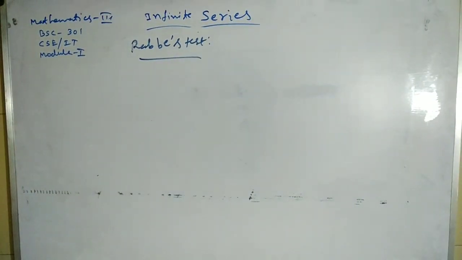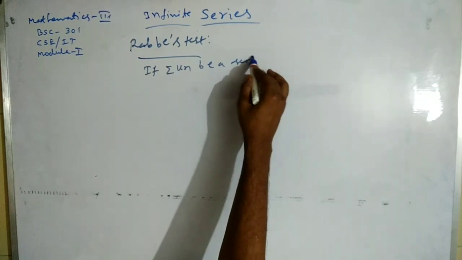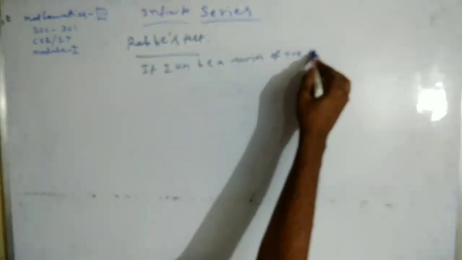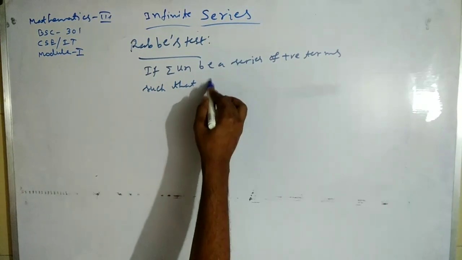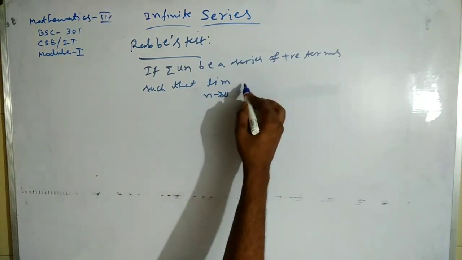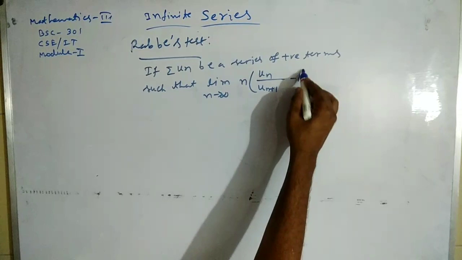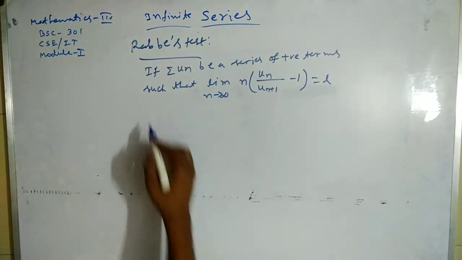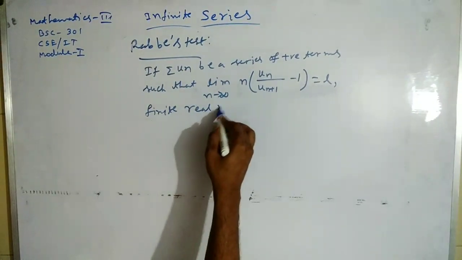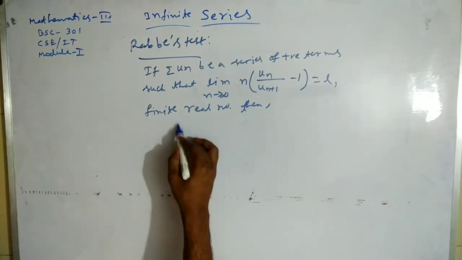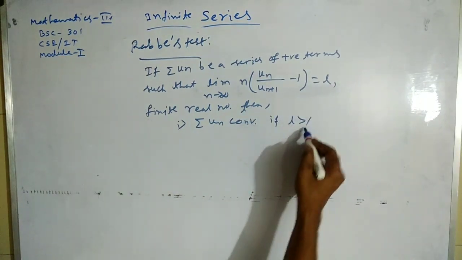The statement of this test is: if summation un be a series of positive terms such that limit n tends to infinity of n into (un by un plus 1 minus 1) equals L, which is a finite real number, then number 1, summation un converges if L is greater than 1.